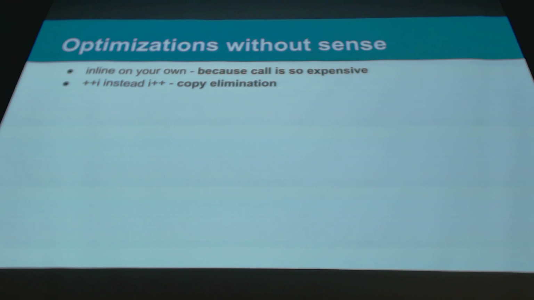Sometimes it can matter, of course, if we had some stream and the definition was somewhere in some other translation unit. But in most cases it's not worth looking for cases like this and changing the code. But I'm not saying that using i++ is better than ++i. It's your choice.